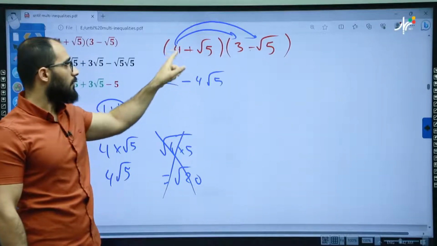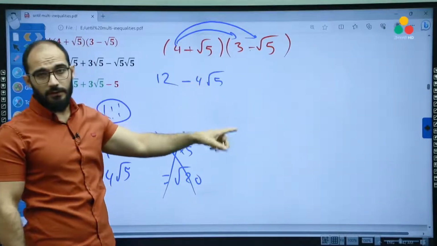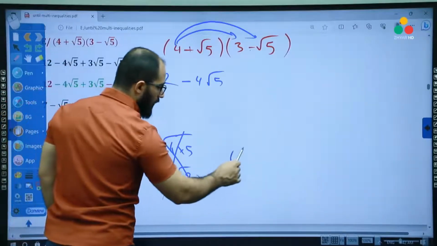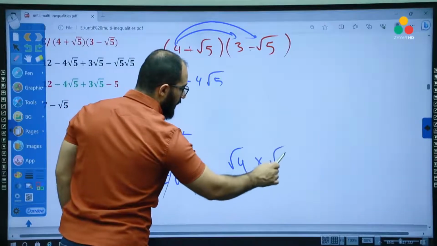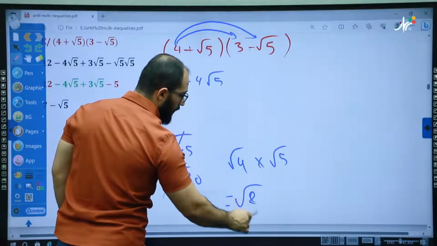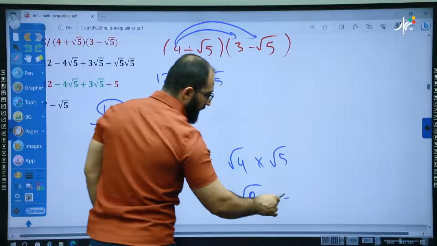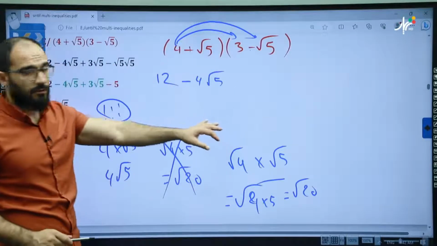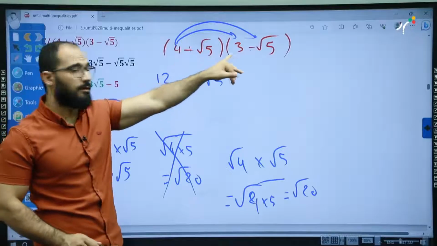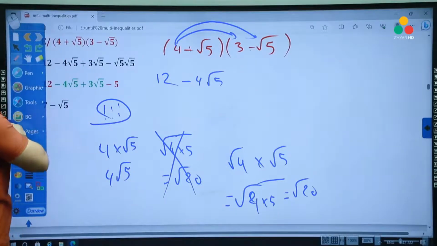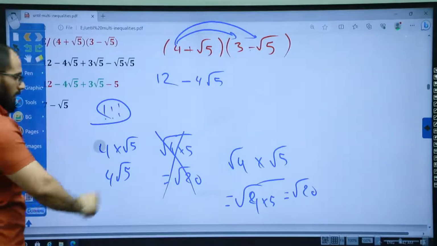We cannot say 4 times 5, then the square root of 20. It's not true. In a case where you have square root of 4 times square root of 5, it's going to be square root of 4 times 5, then square root of 20. In this case, both of them have square root, but for a number multiplied by a square root, write the number with the square root.